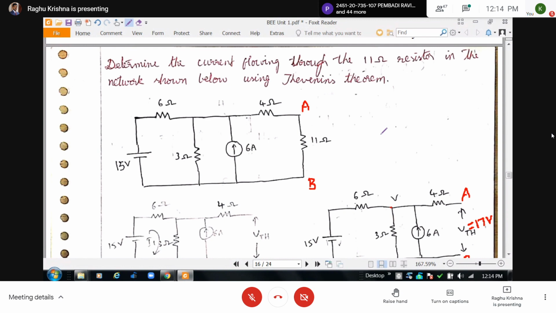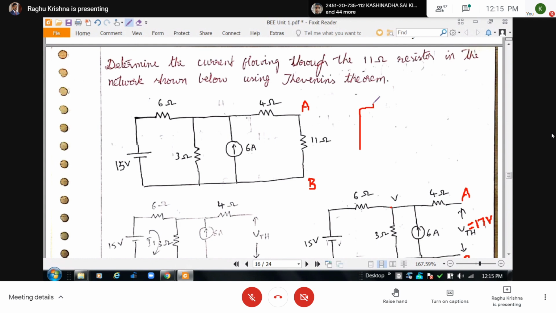For finding the RTH, we have to replace the energy sources by their internal resistances. The internal resistance of a voltage source is 0, so the voltage source is replaced by a short circuit.